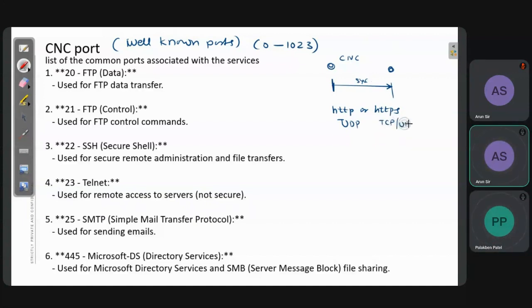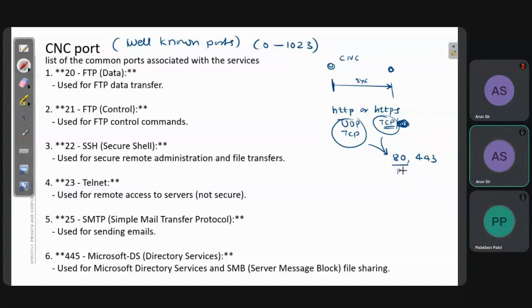For secured traffic, only TCP should be used. So whenever I talk about a TCP or UDP port, it means they are going to communicate through a browser or the internet. Whenever they are using a browser or the internet, we have port number 80 and port number 443.